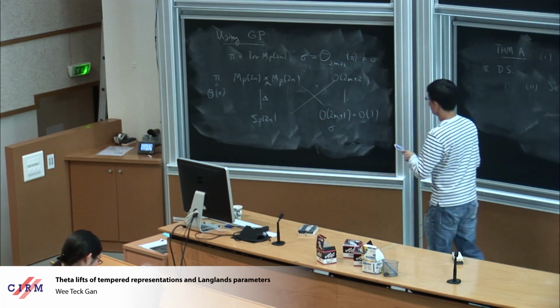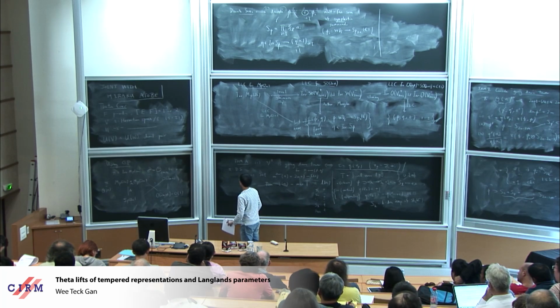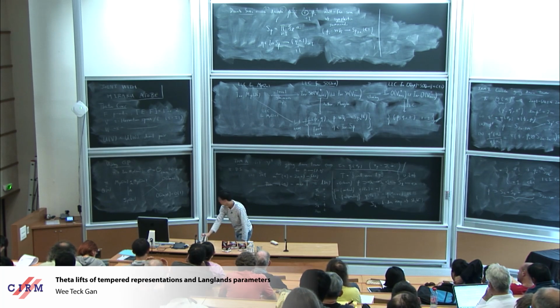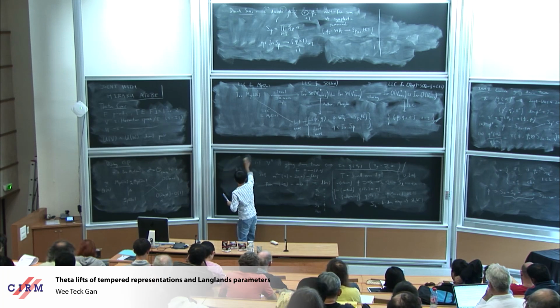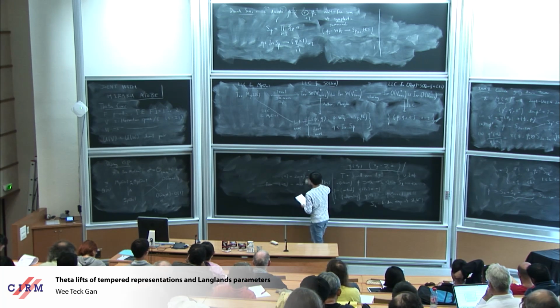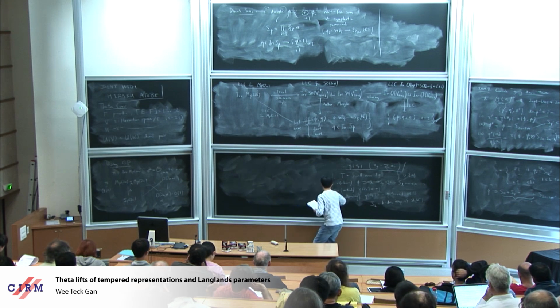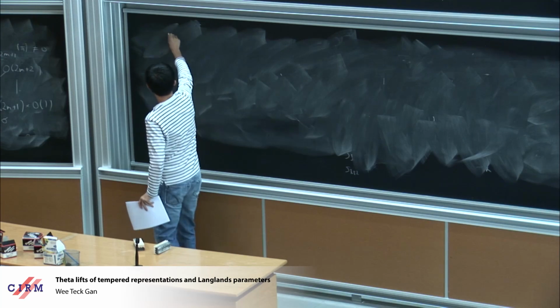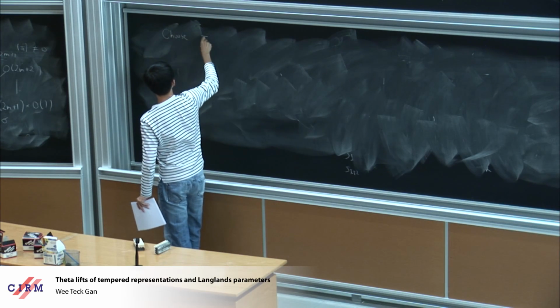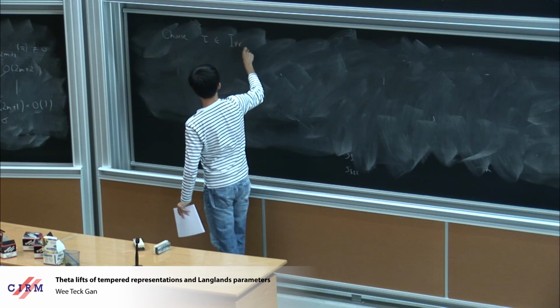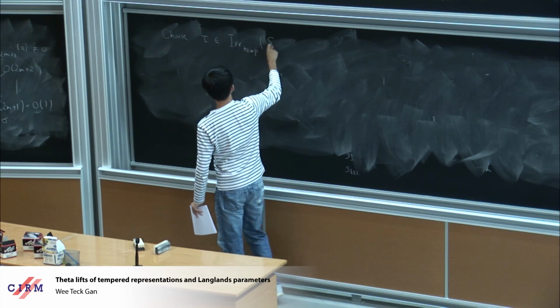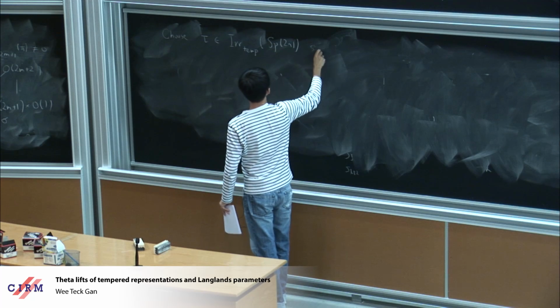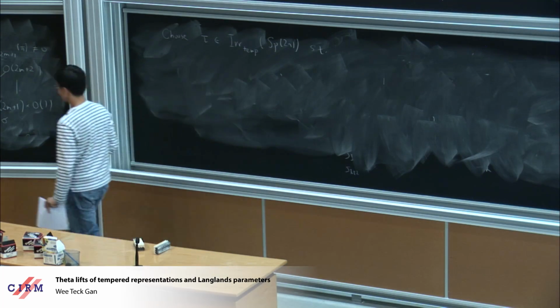Okay. And now, let me do it over here. I'm going to choose a tau, an irreducible tempered representation of SP2N, such that, so my tau, whatever it is, living here.